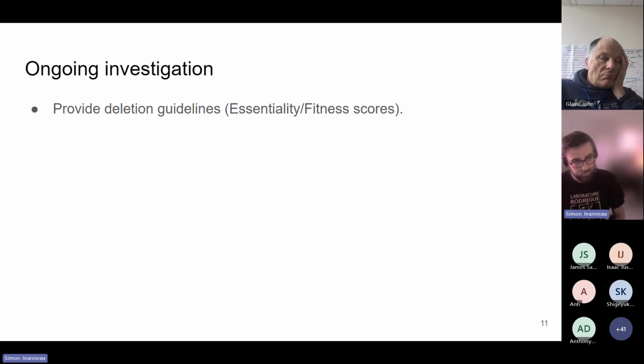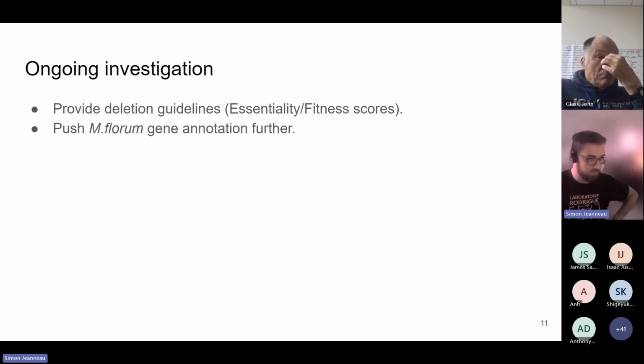So I hope to provide some guidelines for reduction by providing the list of genes that can be clearly removed, and as well the ones that can be removed but with a cost. So the genes that would have a fitness score to be evaluated depending on the chassis that is required at the end of the reduction.